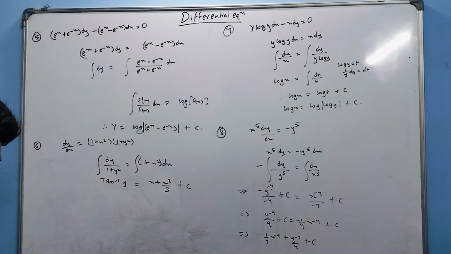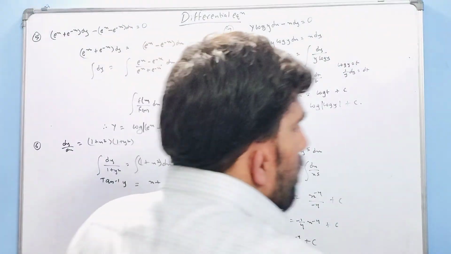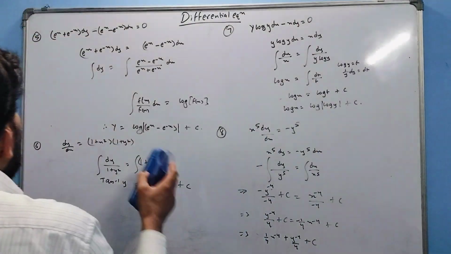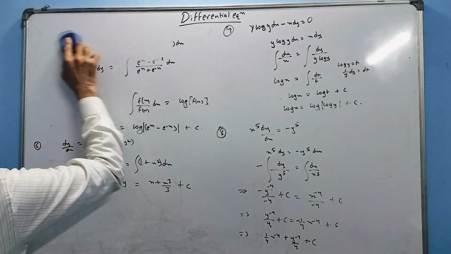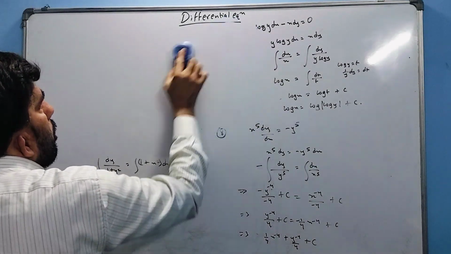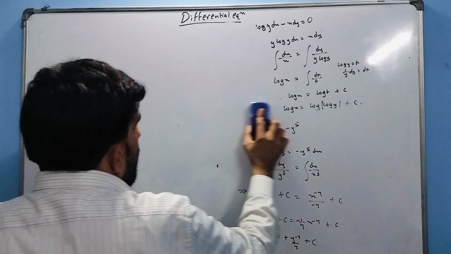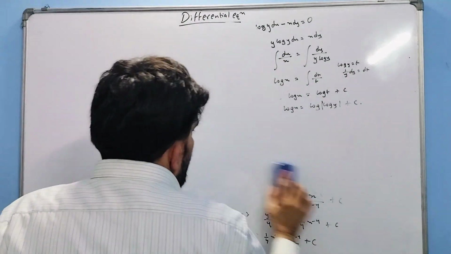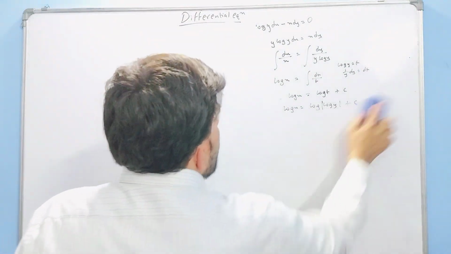We have just solved only 8 numericals. Now let us try to solve the ninth numerical and see how we are able to find the general solution for the given differential equation.